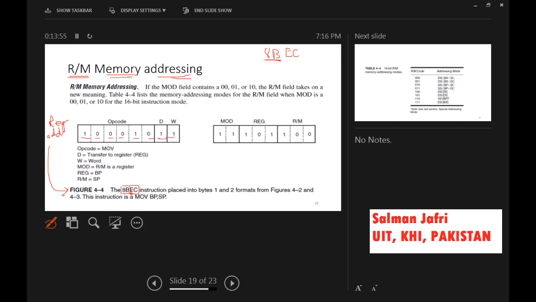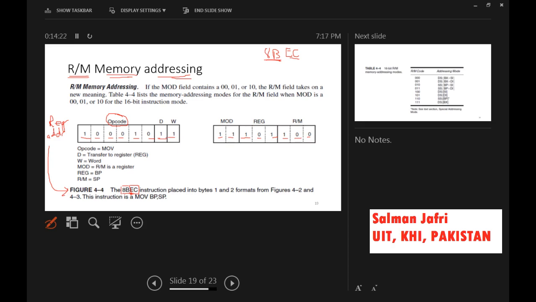So we place the opcode byte's binary pattern, which is 10001011, in this particular opcode byte. And the second byte is EC. So EC is short for 1110, and C has the binary equivalent 1100. So now we have written the 2 bytes.